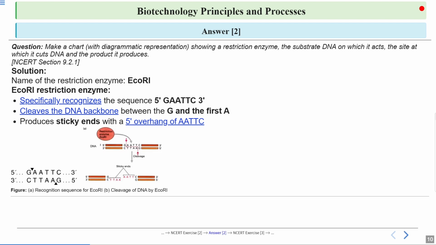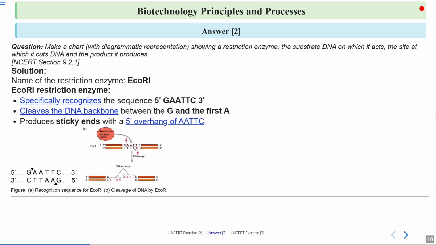Here you can see in the diagram, this is the restriction enzyme, and it makes a cut at this position between the first fragment and the second fragment of the DNA. It will cut here.